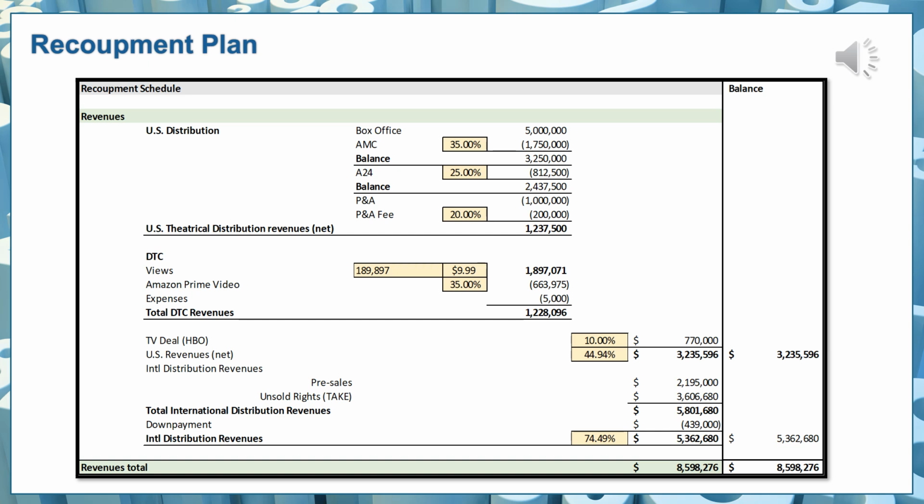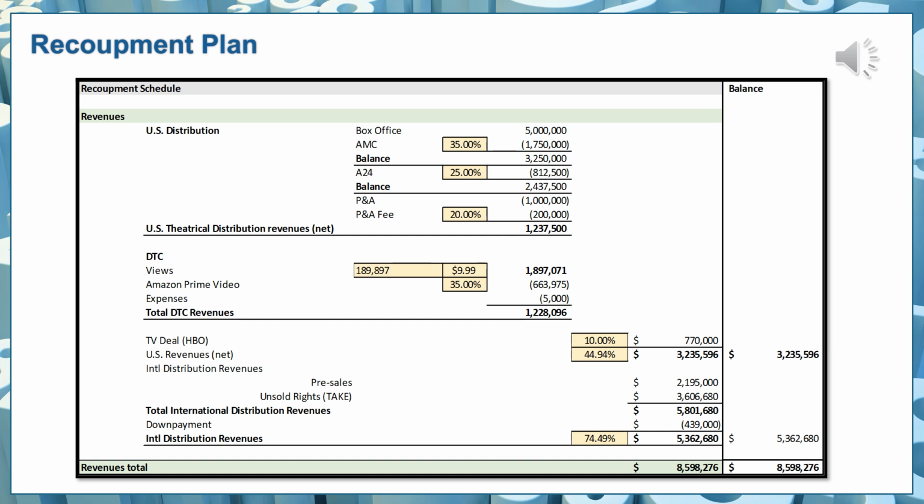The international distribution revenues are comprised of our pre-sales of $2,195,000 and our unsold rights at the take level of 3,606,680. Altogether, internationally, we are generating 5,801,680.